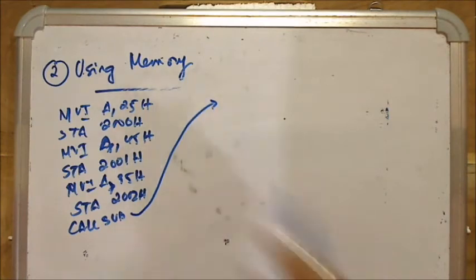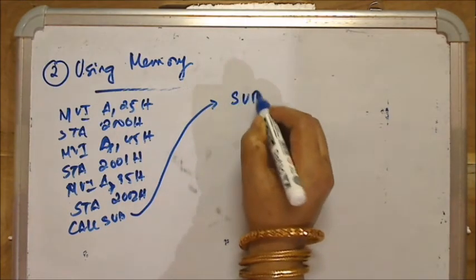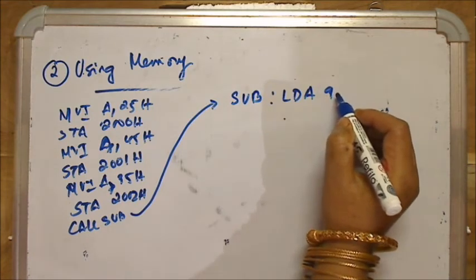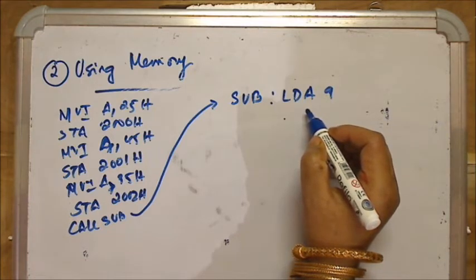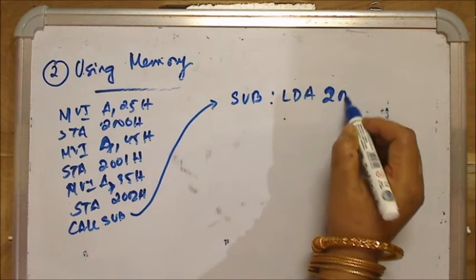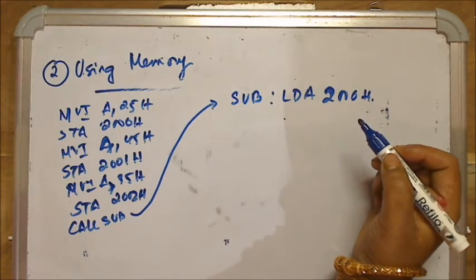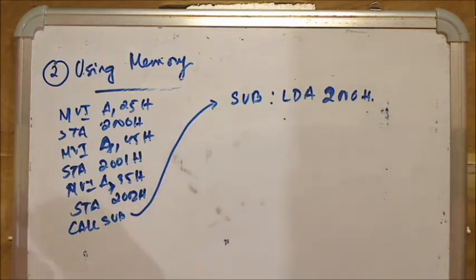Now you go to your subroutine. In the subroutine, it has been told LDA 2000H.